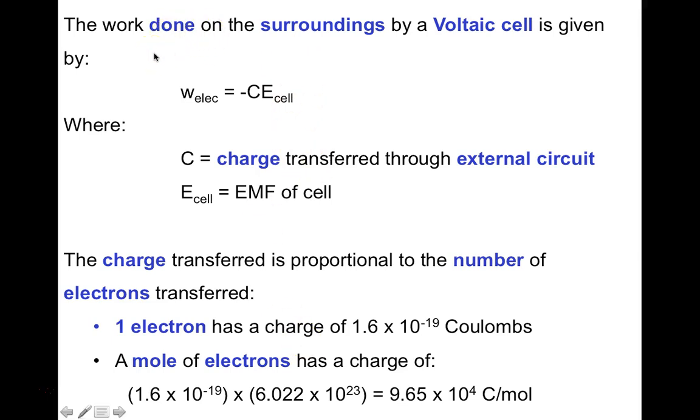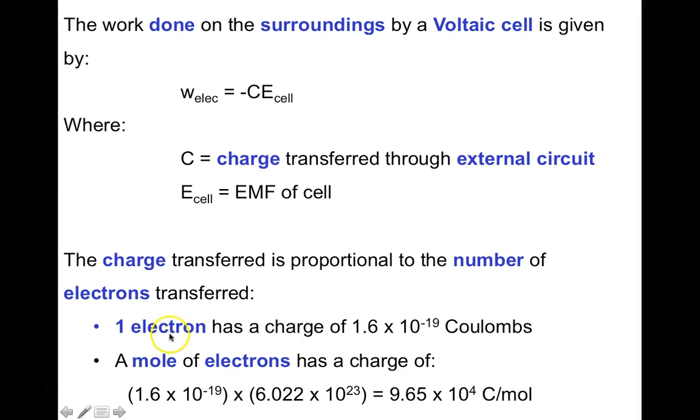The work done on the surroundings by a cell is equal to the negative of the charge that is transferred, which we give the symbol uppercase C, and the cell potential, or EMF, of the cell. So what is this charge business? Well, the charge transferred for an electrochemical cell is going to be directly related to the number of electrons that are transferred from the anode to the cathode.